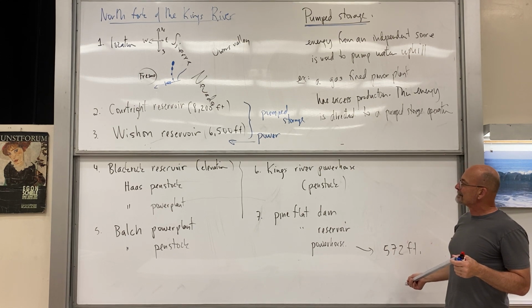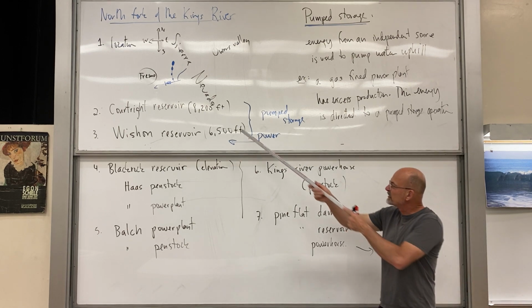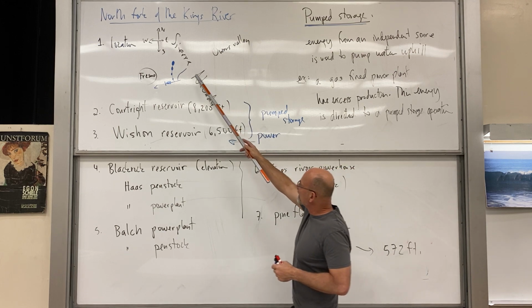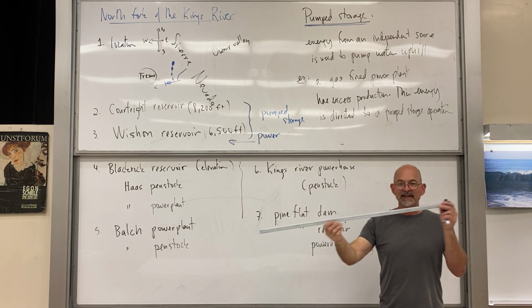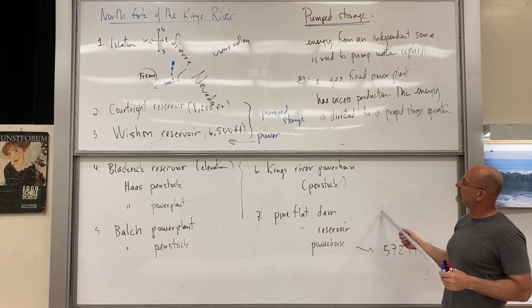And most of that is actual penstock height, because the tunnels that connect these various reservoirs are very nearly level, just slightly downgrade. So they use very little of this elevation difference.